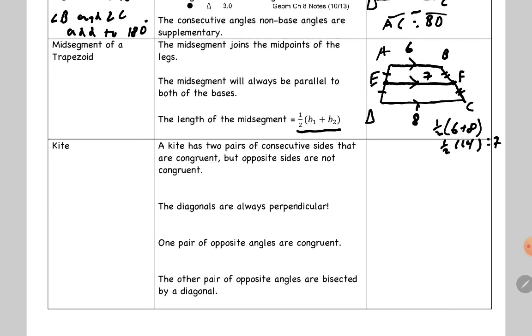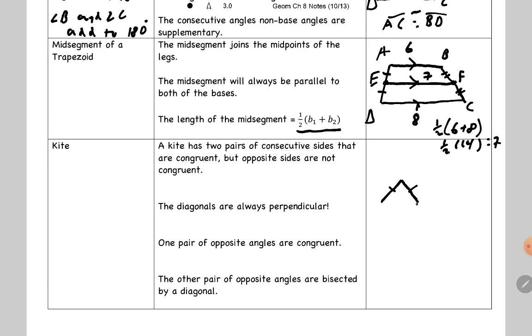A kite kind of looks like this here. It has 2 pairs of consecutive sides.